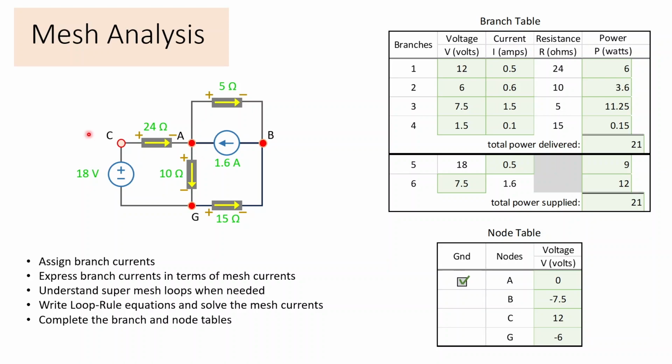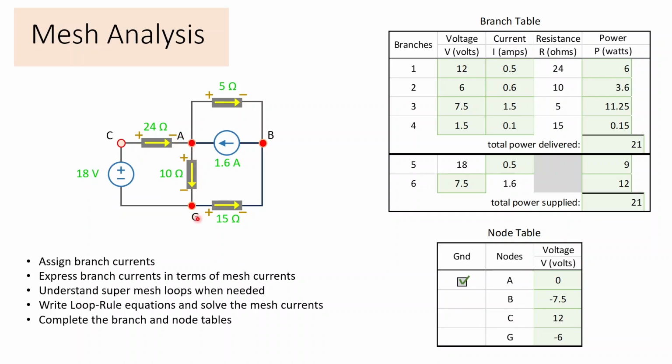Then we can travel to any other node through a known branch to get the node voltage at the other node. For example, if I go through the 24 ohms from A to C, minus to plus, I've increased by the volts for the 24 ohms, 12, right? So the node voltage at C is 12.